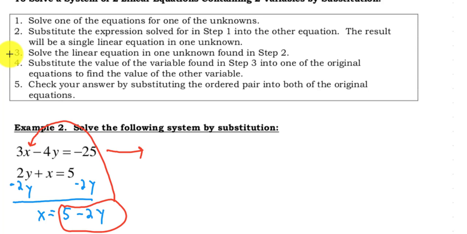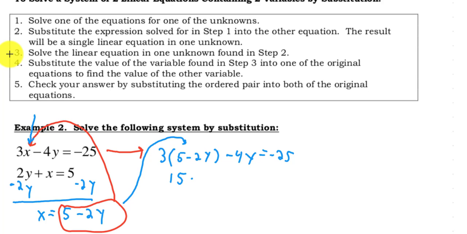We're going to have 3 times, for now, just leave it as open parentheses, 4y equals minus 25. And since I know x is equal to 5 minus 2y, I replace this x with 5 minus 2y. So when we distribute the 3, we get 15 minus 6y minus 4y equals minus 25.